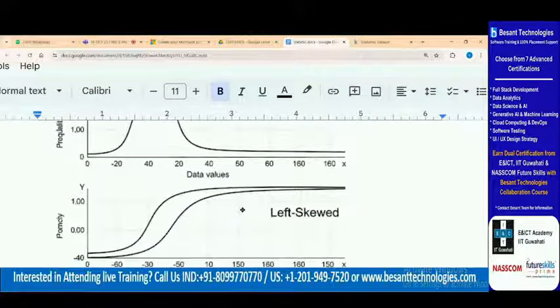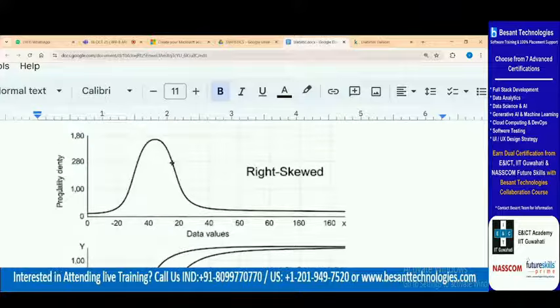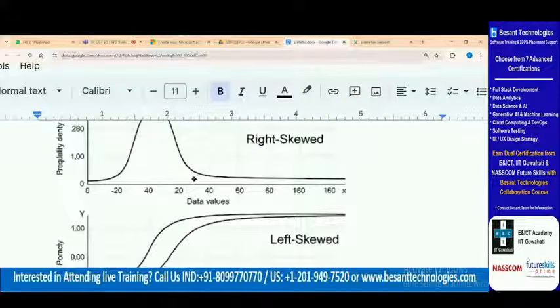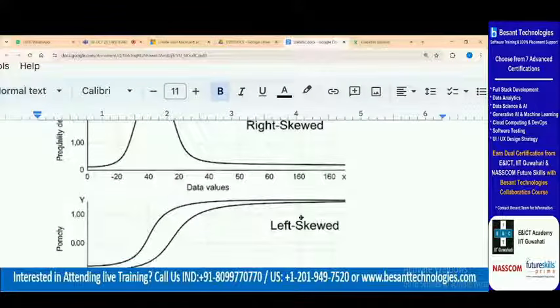See, in a graph, the negative values will always be represented on the left-hand side and the positive values on the right-hand side. Correct? I told you, for the left skewed, everything will be represented here with 65, 66. It is a kind of positive value.